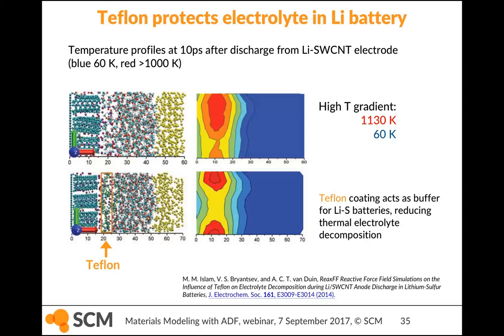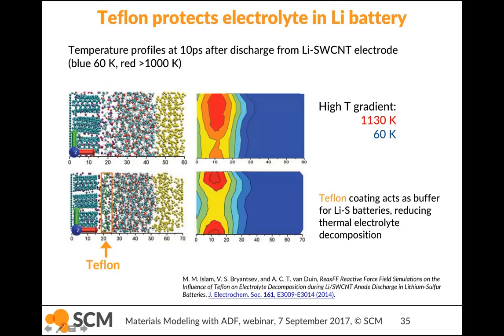So what you can do is add a protective layer in between, Teflon being the obvious choice, or something other resilient as well. What that does is it doesn't cool down the system. As you can see, you can still get up to 1,000 Kelvin, but Teflon is still not breaking at 1,000 Kelvin.